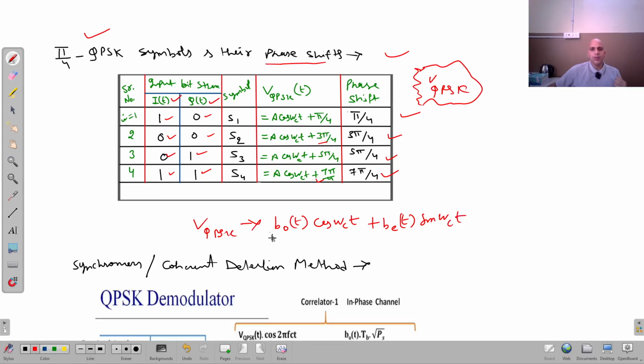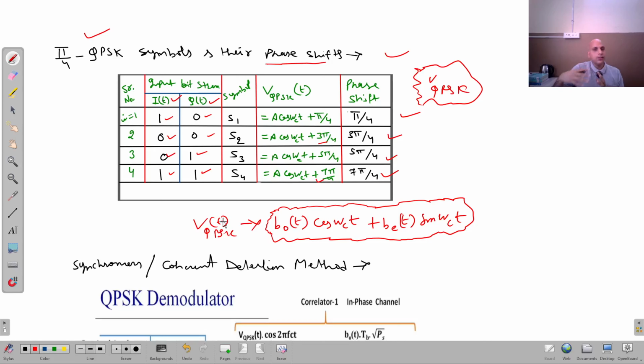So this is the output of the pi by 4 QPSK, with amplitude equal to 1. This is the resultant signal that is received at the antenna.